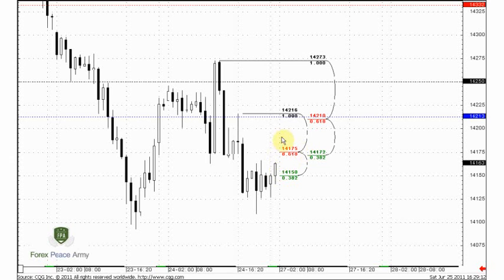Although entering from the second area is much safer, because this area is higher, this will give you a better entry point. Also, you could place a tighter stop, but the problem with that area is that the market could not reach it. The market could show some retracement to that area and accelerate to the downside, because all trends are bearish and the market is not at an oversold area, either on the 4-hour chart or on the daily time frame.